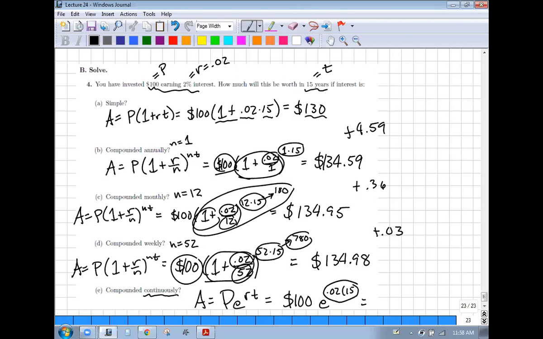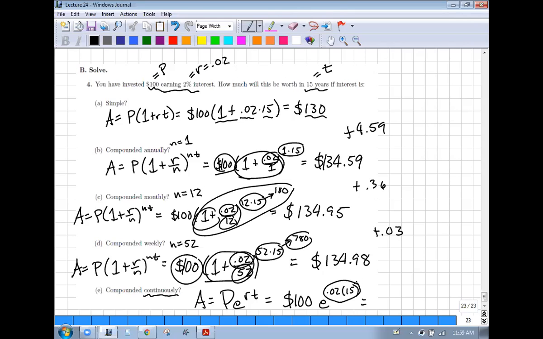You have to type in the exponent first, and then you hit the e to the x button, right? If you hit e to the x first, your calculator has 0 in it when you just open it up fresh, so it tells you 1, because anything to the 0 power is 1.